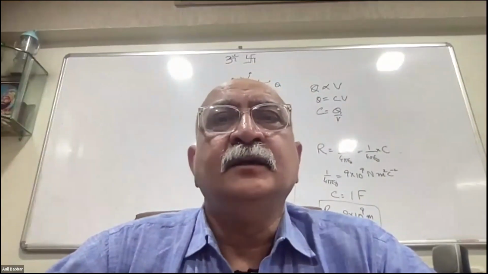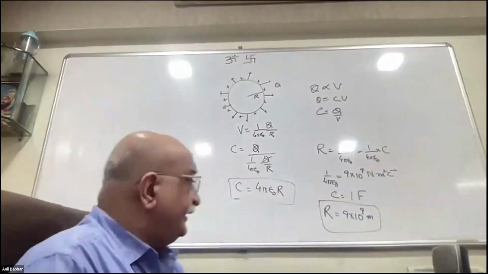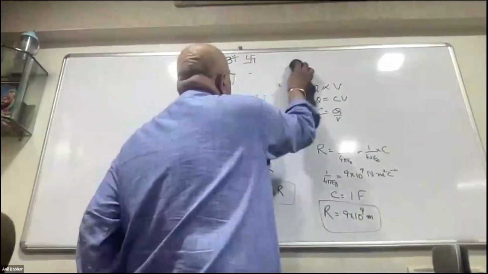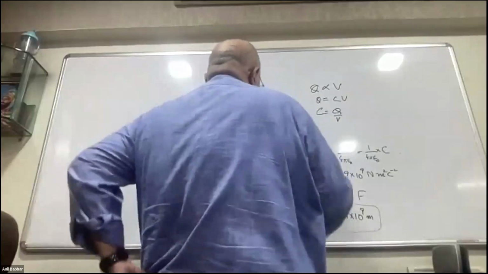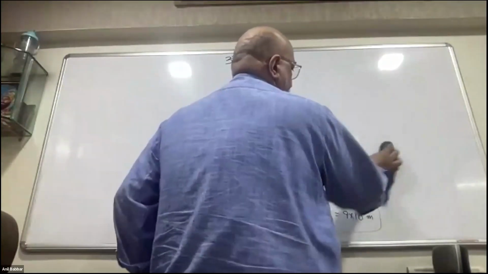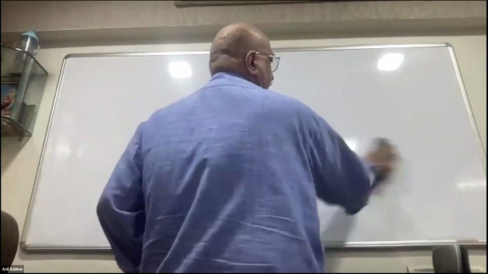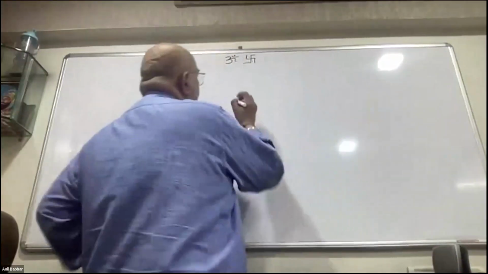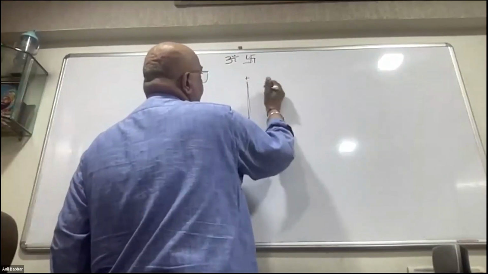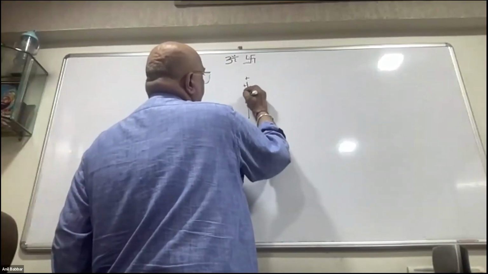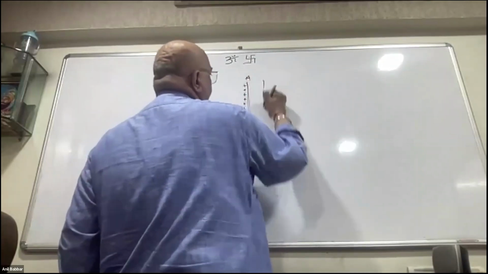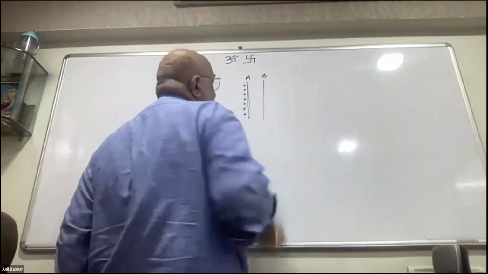Fine. So this is plate A with positive charge. And here we place another plate B.